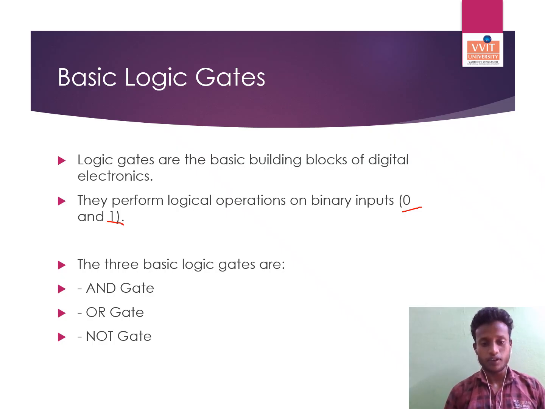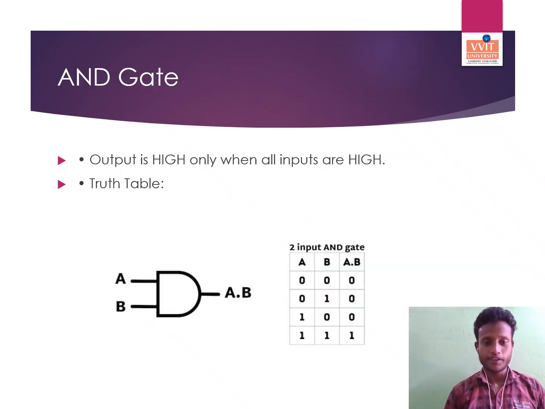Now we have three basic logic gates: AND gate, OR gate, NOT gate. We are seeing the operation of each gate. First, the AND gate. The function of the AND gate is: if any one input is low, the output will be low.